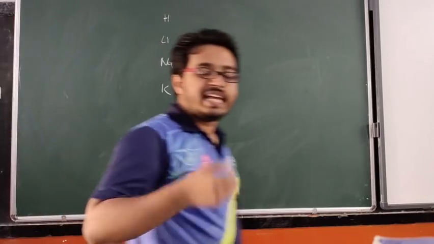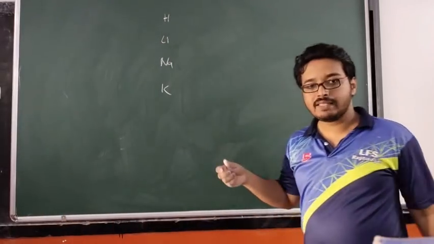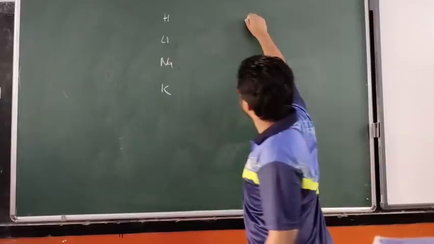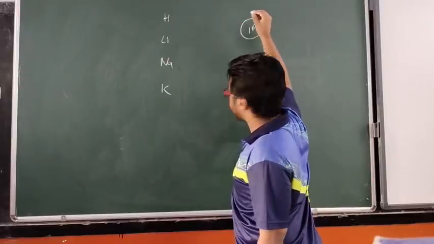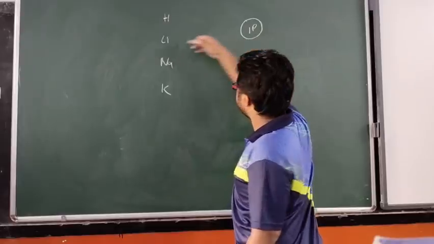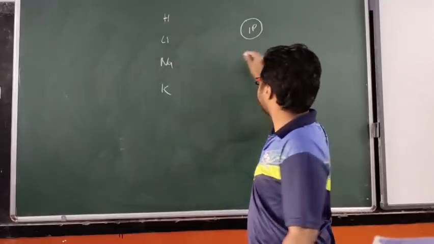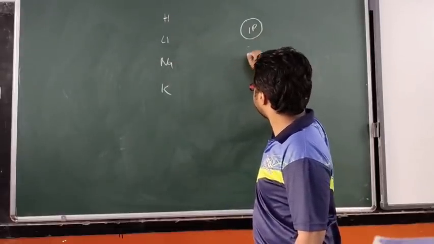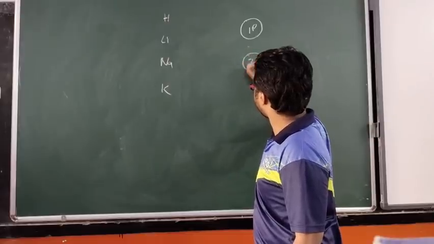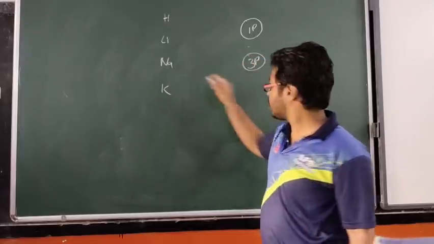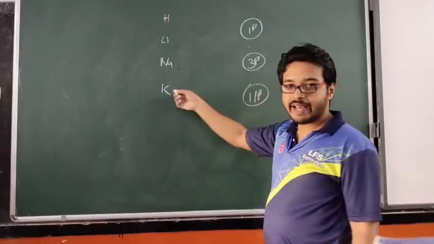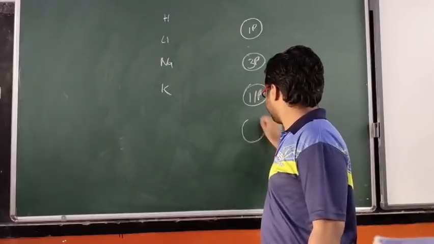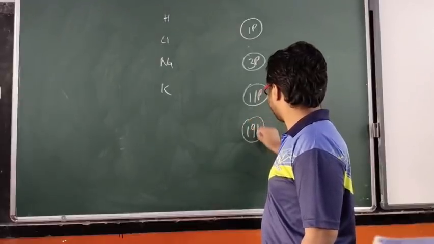The first element, hydrogen, is having one proton. The second element, lithium, is having 3 protons. The next one, sodium, is having 11 protons, and potassium is having 19 protons.